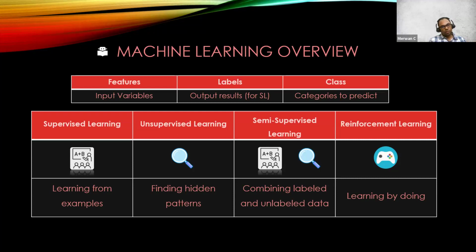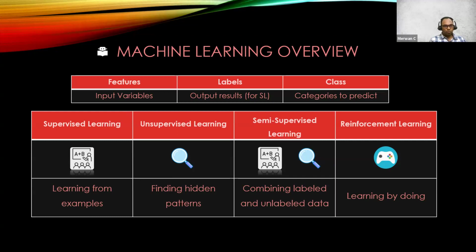Imagine we are teaching a computer to recognize fruits. We show it lots of pictures of apples and bananas. The things it looks at in each picture, like the color, the shape, and the size, are called the features. The computer uses these features to make a good guess. When we tell the computer, hey, this is an apple or this is a banana, those are called labels.